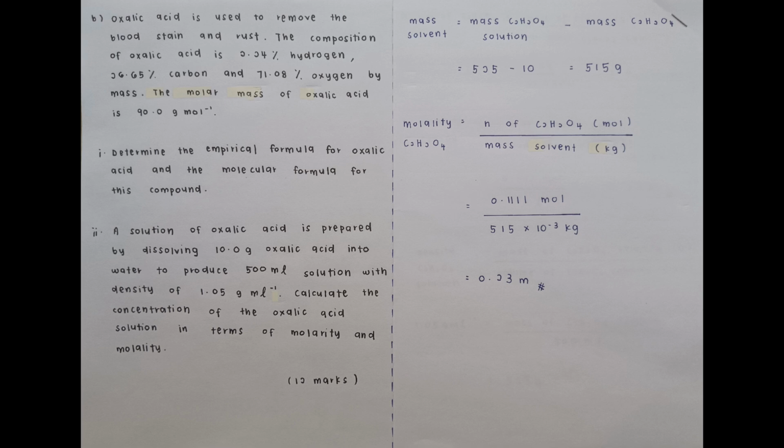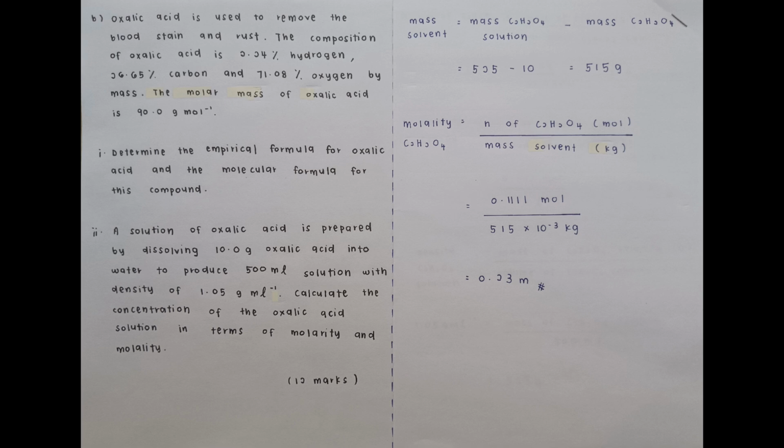Next, to find the mass of solvent, the mass of oxalic acid solution minus the mass of oxalic acid. So 525 minus 10, then we get 515 grams for the mass of solvent.